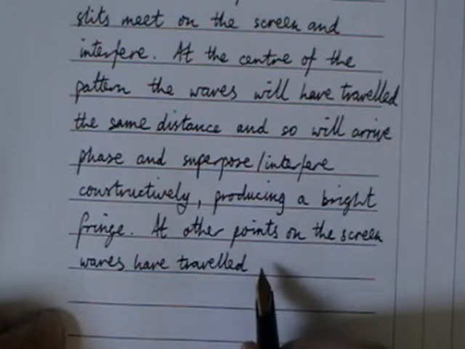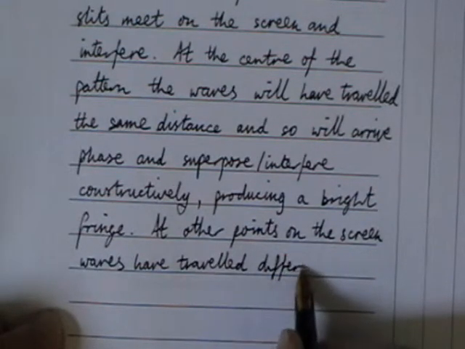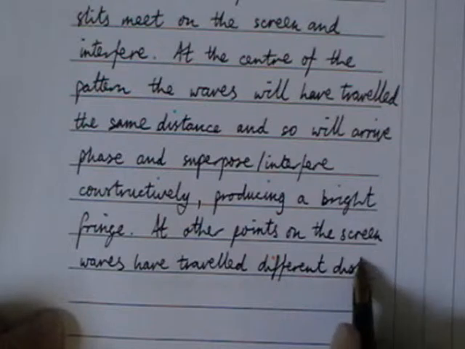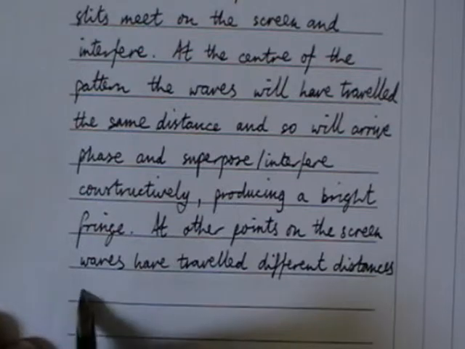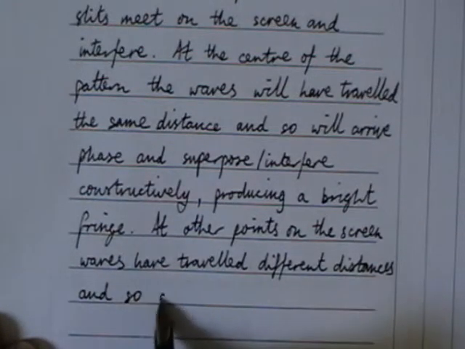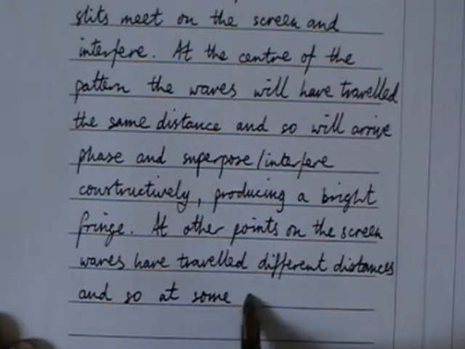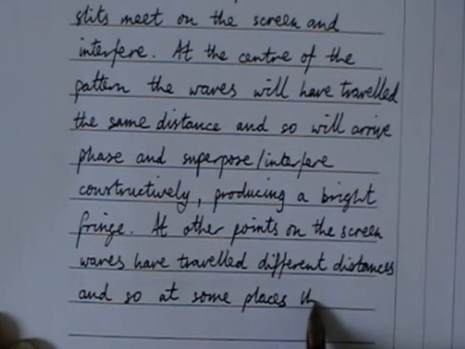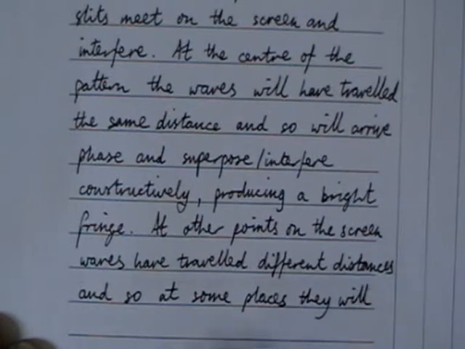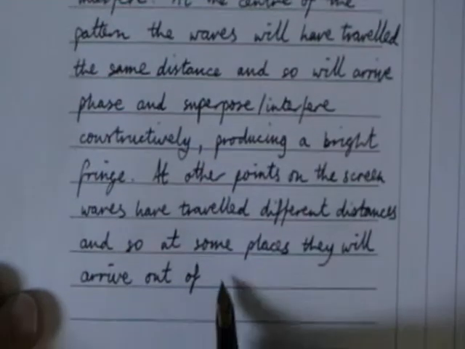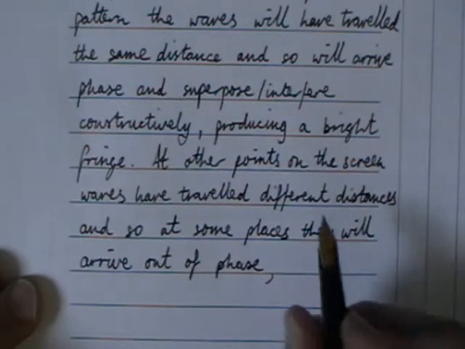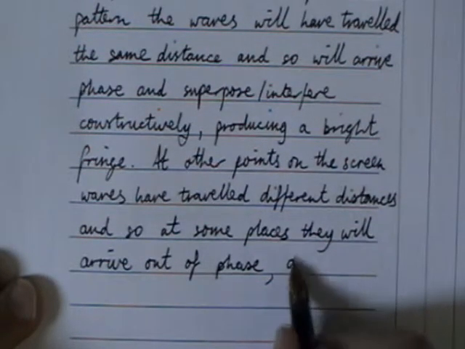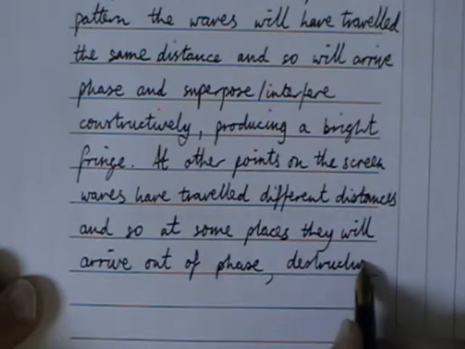At other points on the screen, the waves have travelled different distances, and therefore at some places they will arrive out of phase, and where that happens we get destructive superposition, or interference.